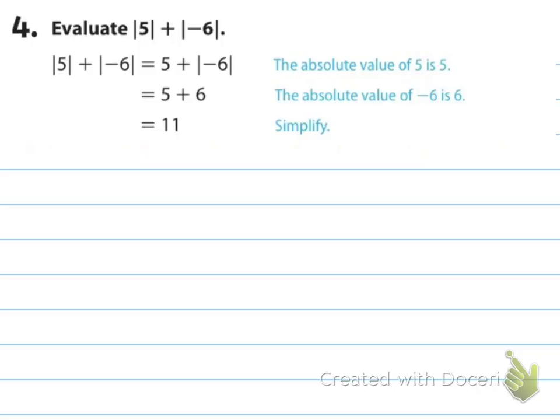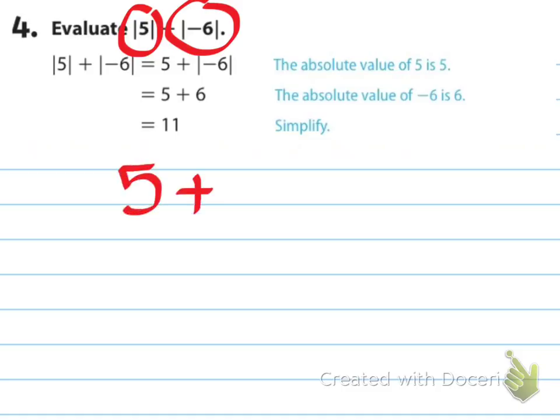First thing we need to do with this is find out what numbers these two terms are. Absolute value of 5 is 5, plus the absolute value of negative 6, which is positive 6. Again, absolute value is how far away from 0 they are. When we add those two together, we get 11.